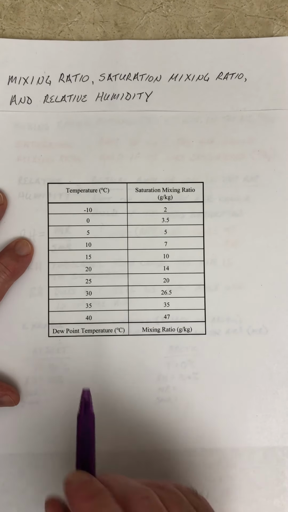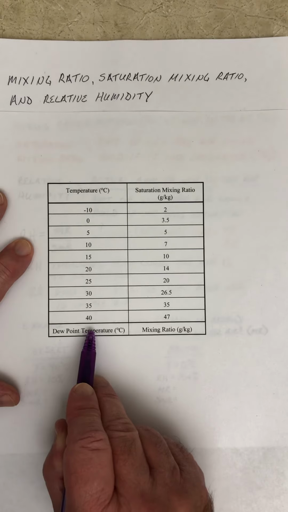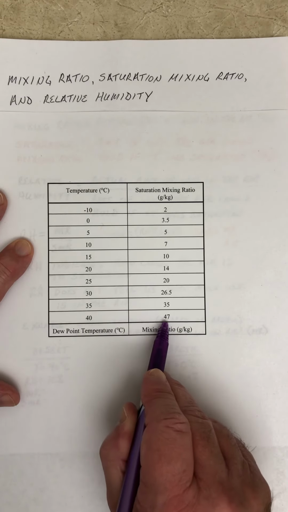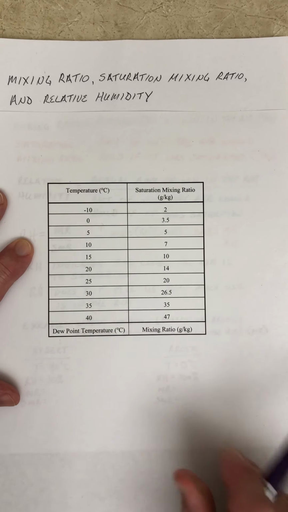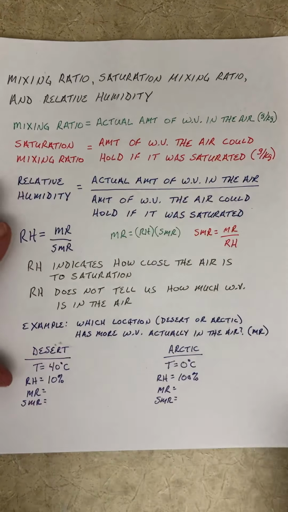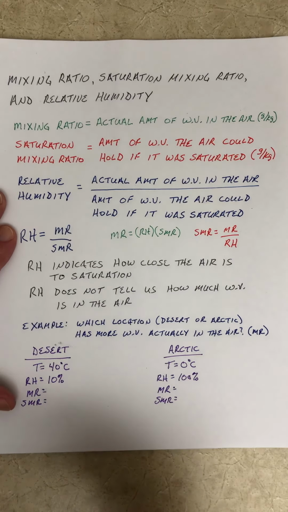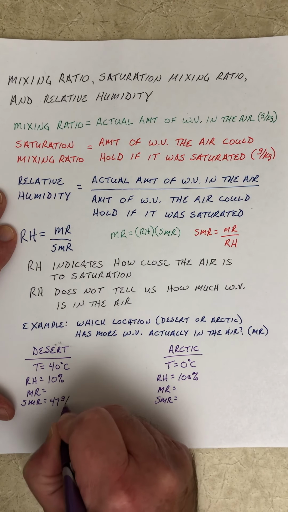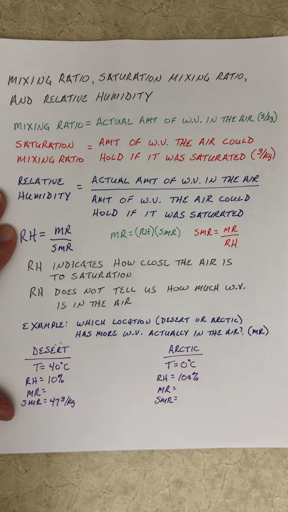In this particular example, we know the temperature in the desert is 40 degrees Celsius. So the air could hold as much as 47 grams of water vapor per kilogram of air. So saturation mixing ratio in the desert, 47 grams per kilogram.